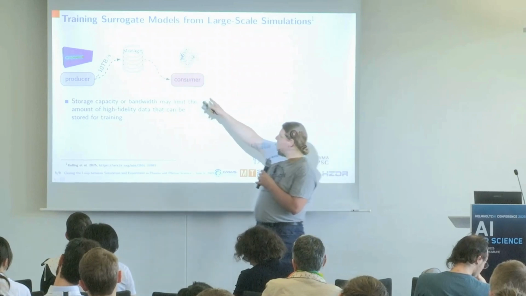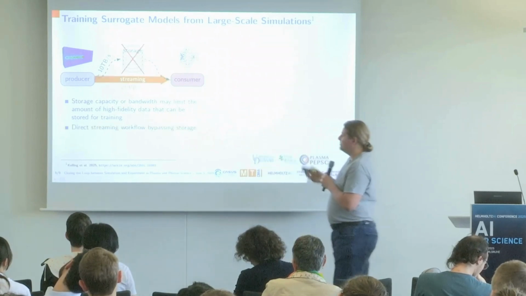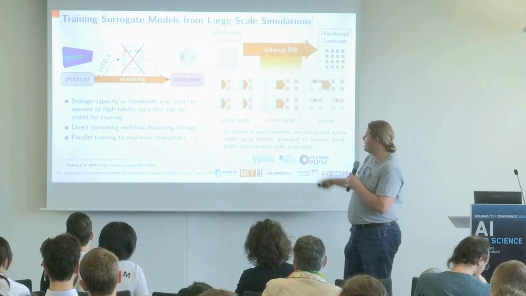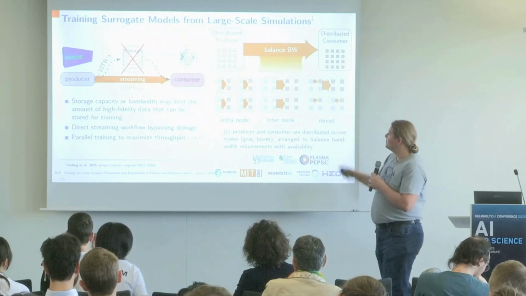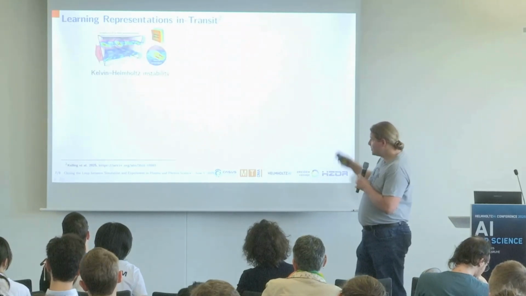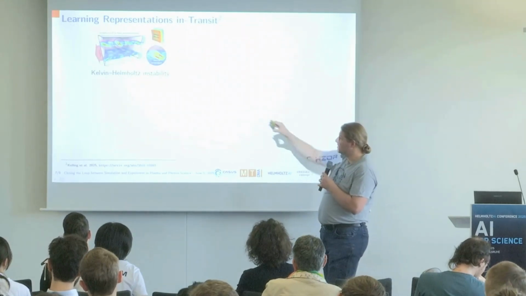So we have an online consumer where we directly stream the data into a neural network for training. There are different ways of tuning this performance-wise, which is what we are working on. And we did a proof of concept for this with different physical problems.